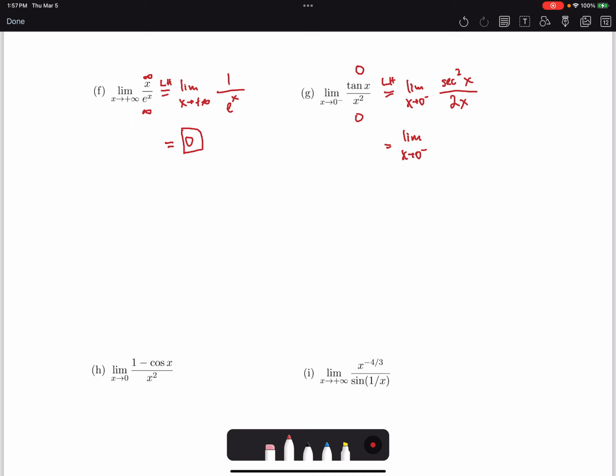So this is the limit as x approaches 0 of secant squared x times the limit as x approaches 0 of 1 over 2x. It's approaching from the left. That little detail is important, I think, because 1 over x looks something like this.